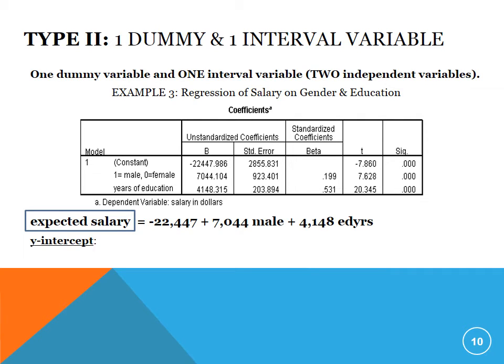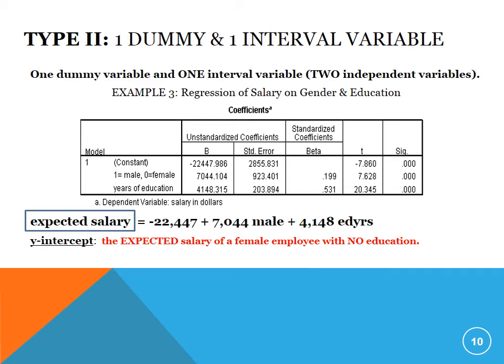So the y-intercept should be a no-brainer now, and you should pat yourself on the back if you said negative 22. And the y-intercept is the expected salary of a female employee with no education. Okay, let's backtrack here. Y-intercept means what again? Yes, hopefully you said it means when all of your x's are 0.